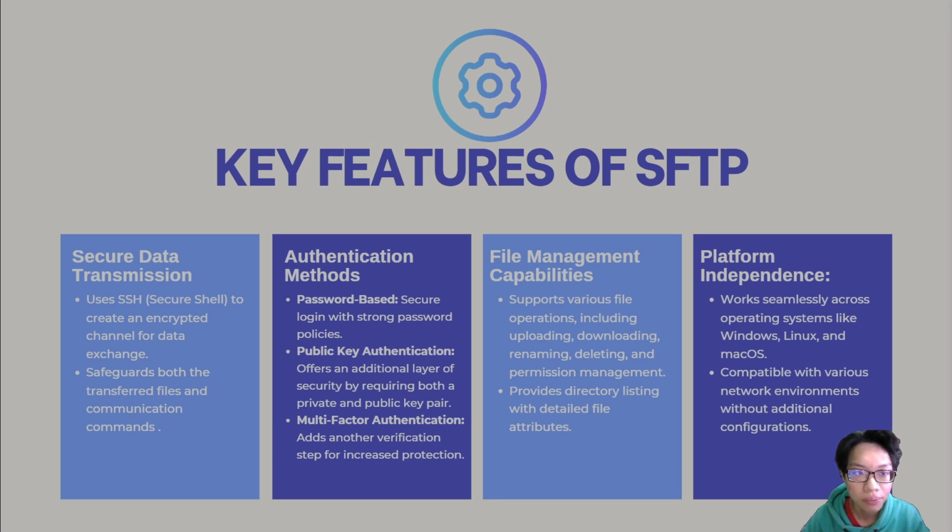First is password-based: secure login with a strong password policy. Next is public key authentication, which offers an additional layer of security by requiring both a private and public key pair. The last is multi-factor authentication, which adds another verification step for increased protection.